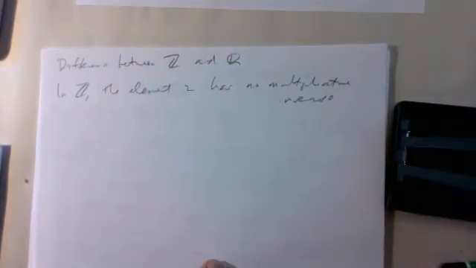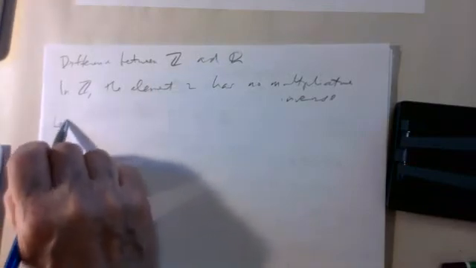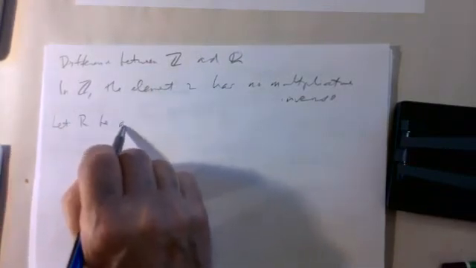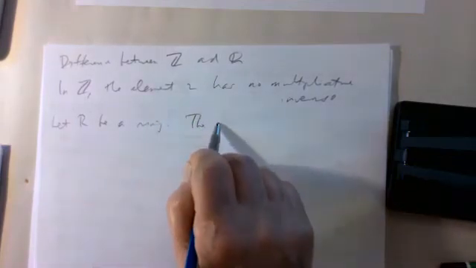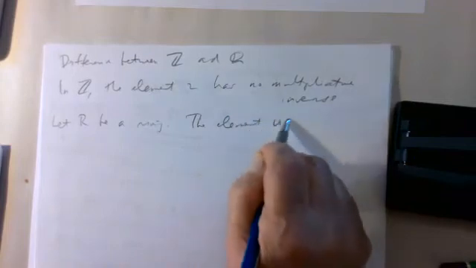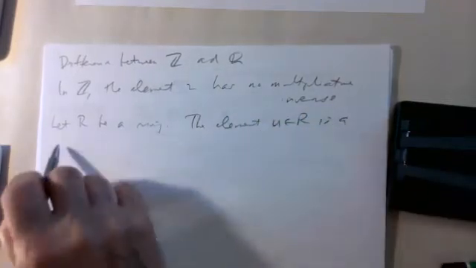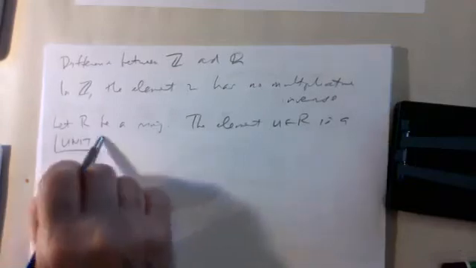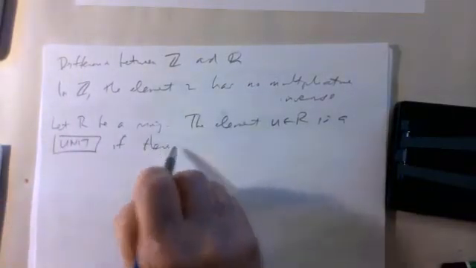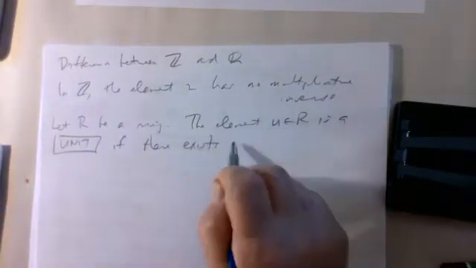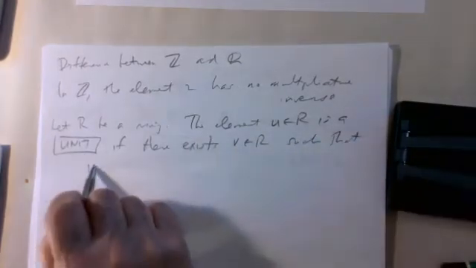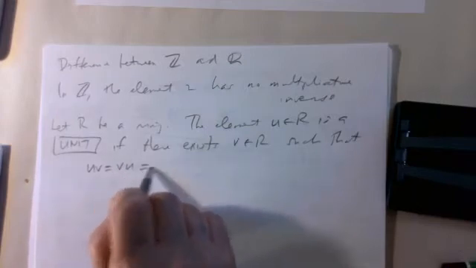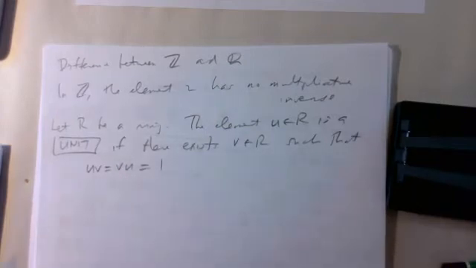So just to be careful about the language, let us make the following definition. Let R be a ring. The element U in the ring is called a unit if there exists a V in the ring such that U times V and V times U is the multiplicative identity.